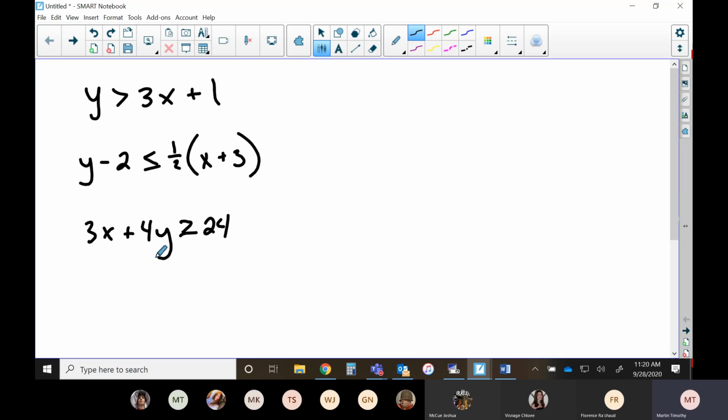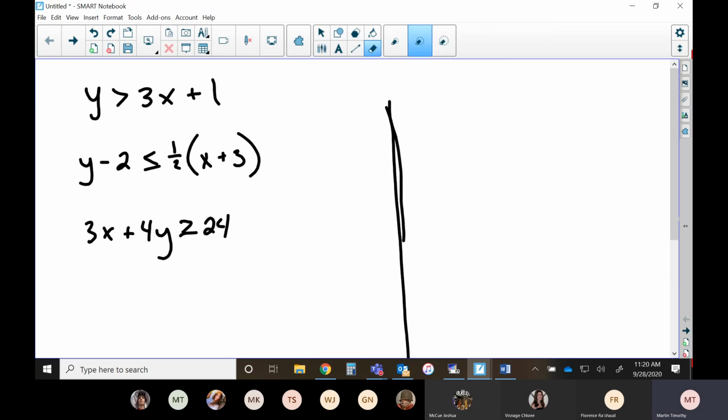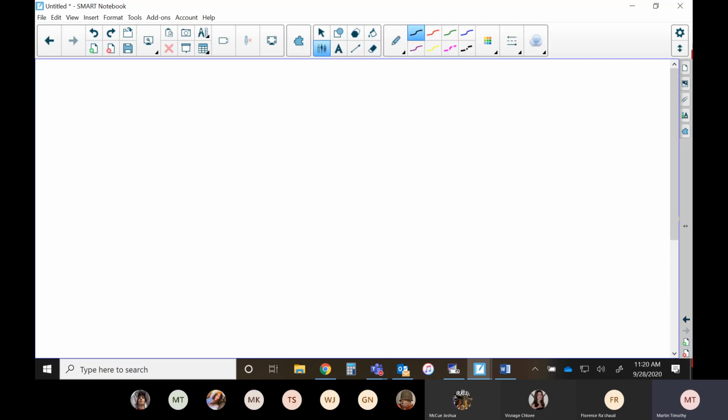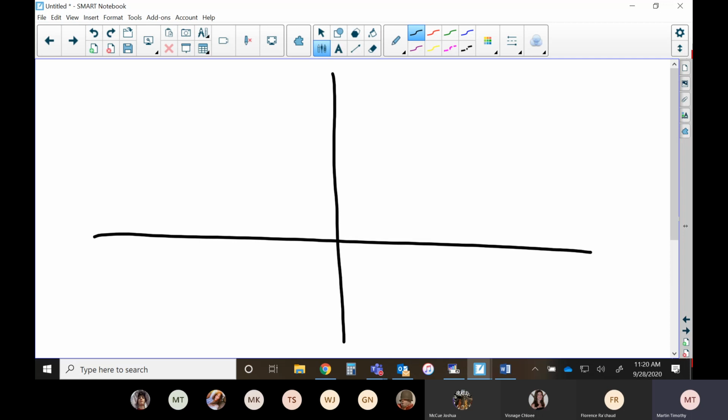So when you graph the top one, and I may, you know what? I'm going to do this on another one. Yeah, you can. It was 3x plus 1, right? So the plus 1 tells me that that's the y-intercept.